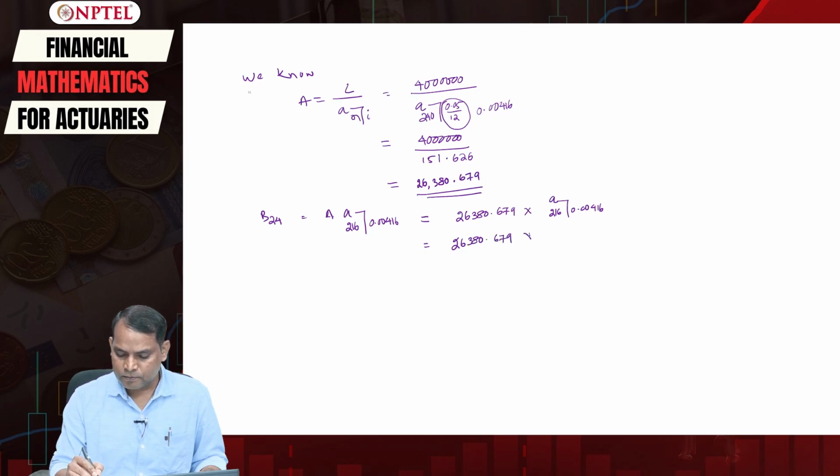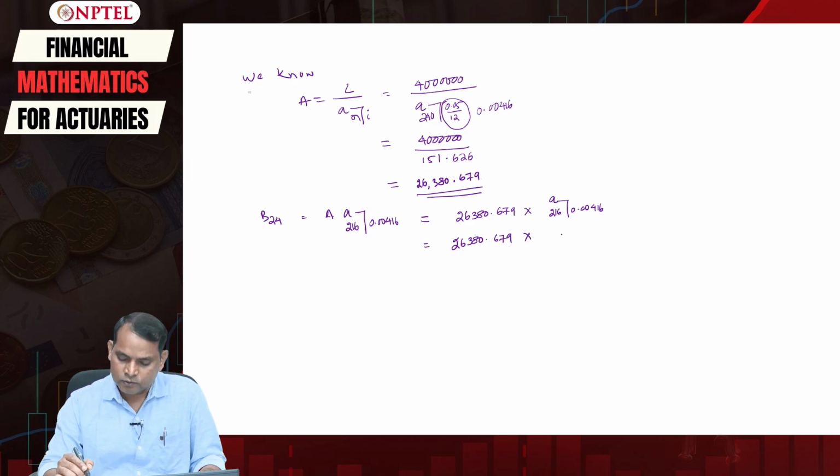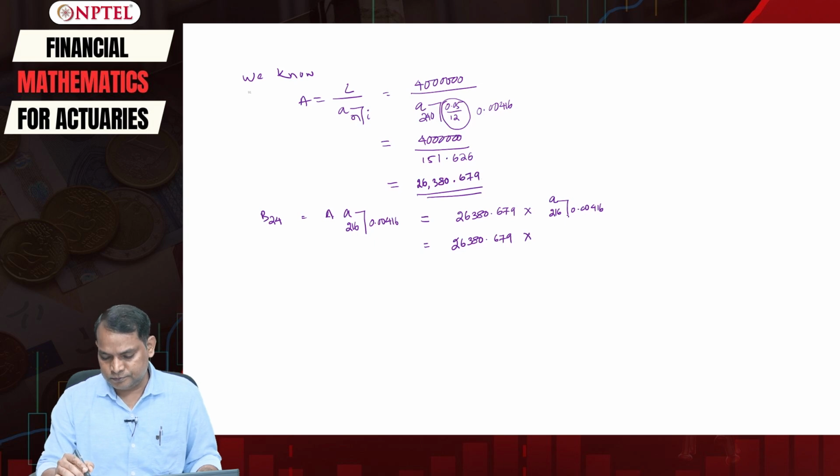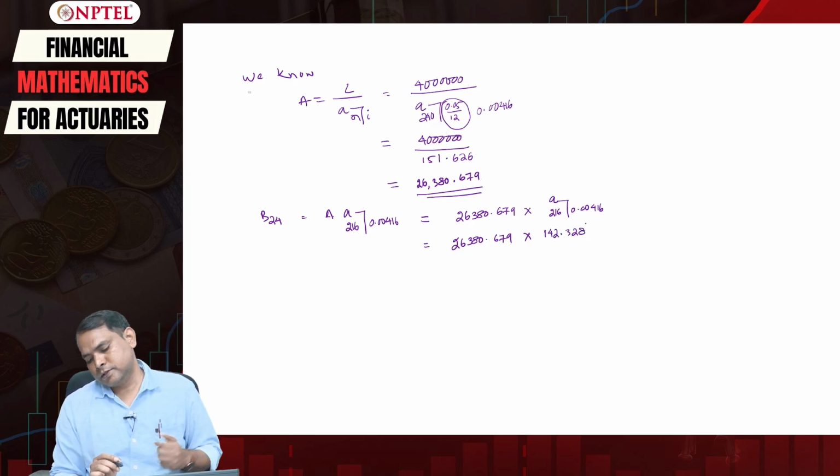So we can now compute it as 26,380.679 multiplied by the formula for the present value interest factor for annuity, given n is equal to 216 and i is equal to 0.00416. We get 142.32 or 0.3280.